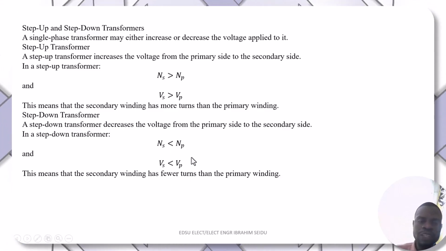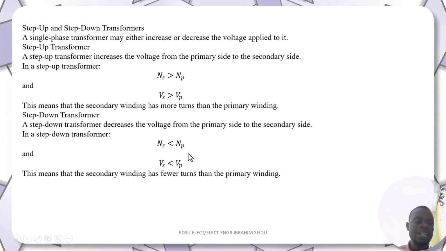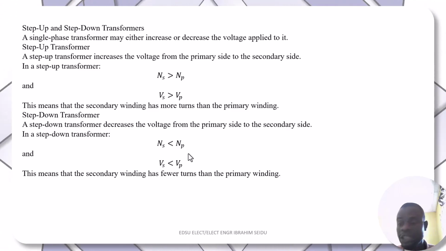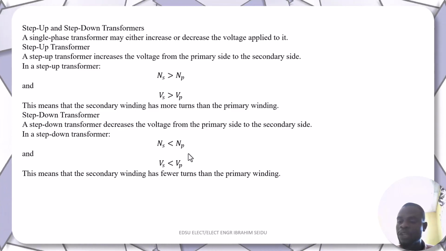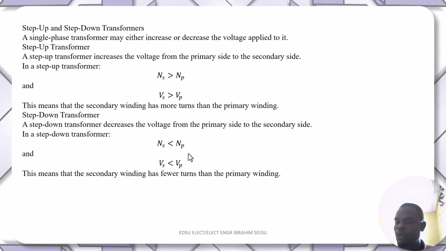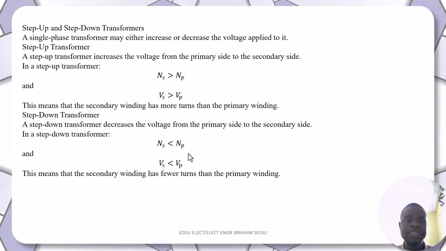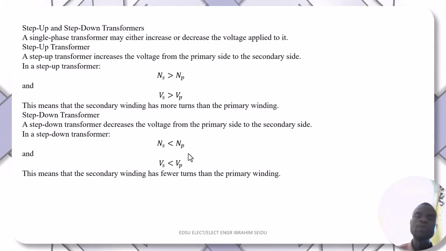Most of those step-down transformers are mainly commercial transformers, like those that step our voltage down from 11 kilovolt to 415 volt three-phase system, or 230 to 240 volt single phase system.